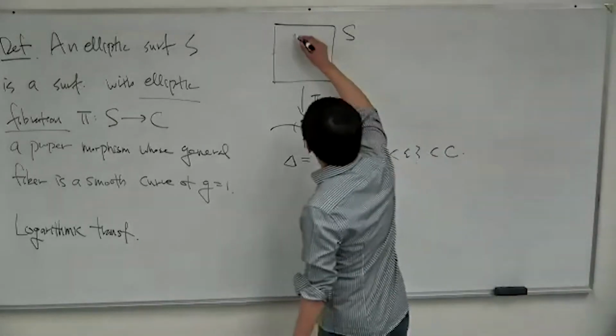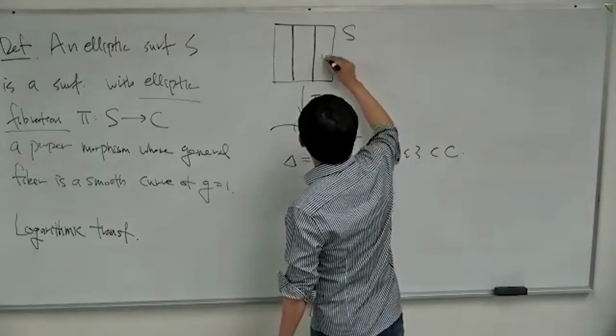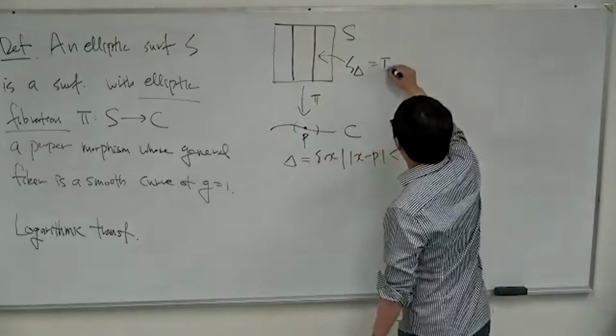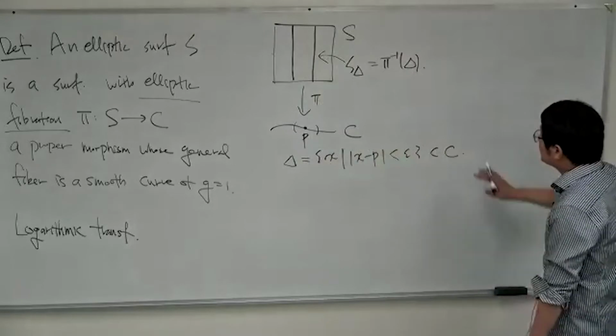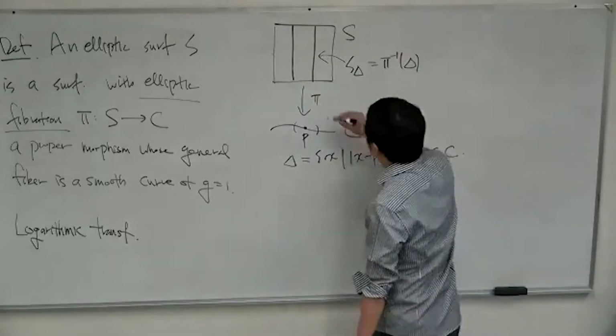And then I consider the inverse image of this disk. I will call this S delta, which is pi inverse delta. And because this is the elliptic fibration, sorry, I forgot to mention one thing.